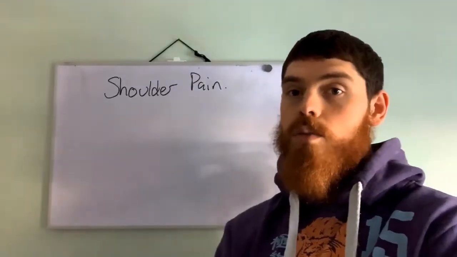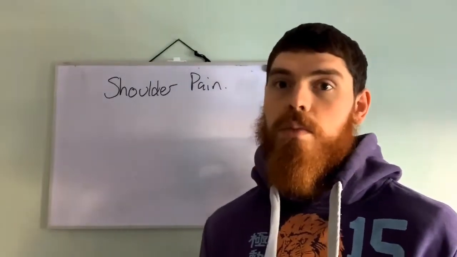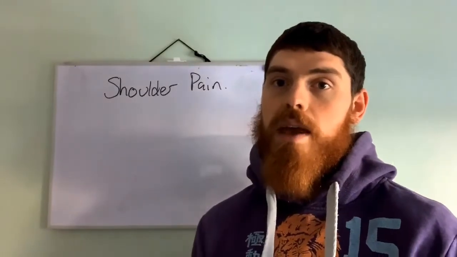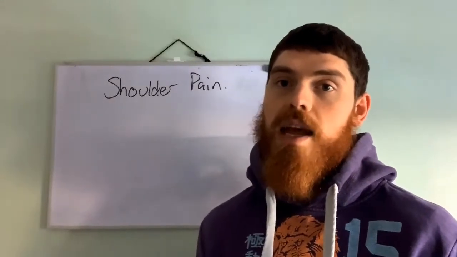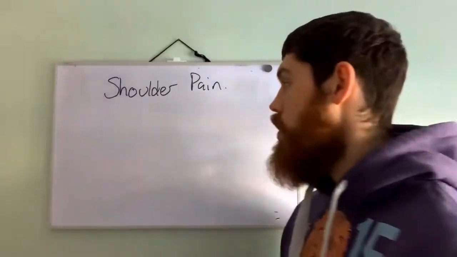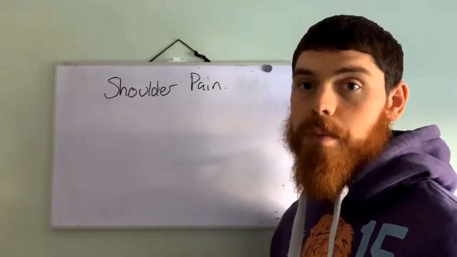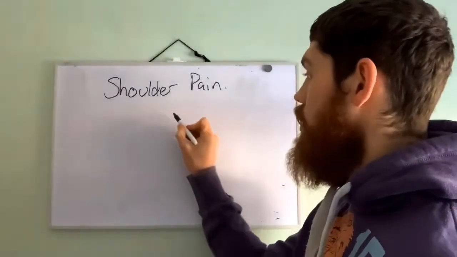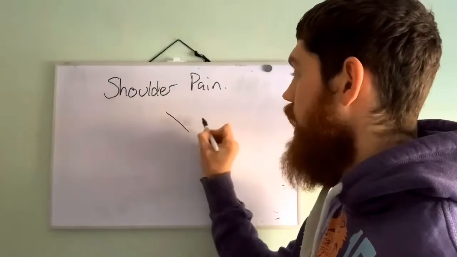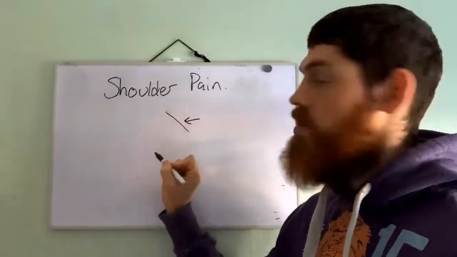Now, the reason I want to explain this is that it goes into some of the other topics we've looked at in other areas, such as the thoracic extension and the forward head carriage. When we look at people's postures nowadays, the most common dysfunction is the forward head carriage, where the curve in the neck is almost reversed and the head starts to travel forward.